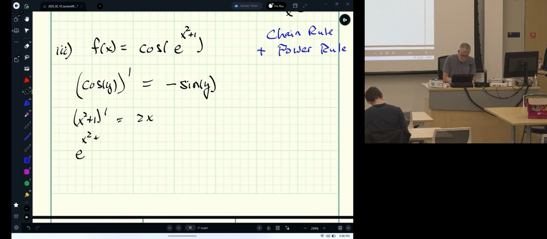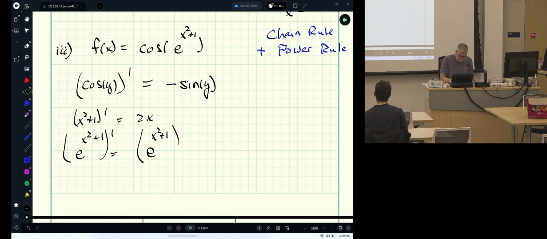For e to the x squared plus 1, the derivative of e to the x is just e to the x, evaluated at the function.